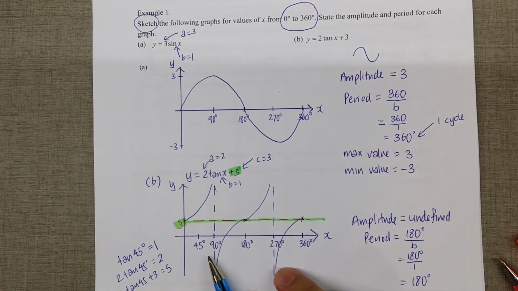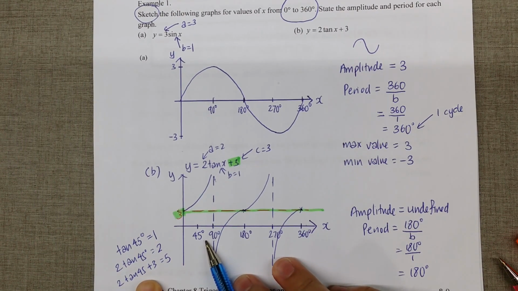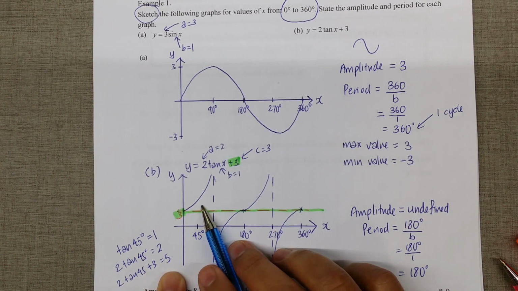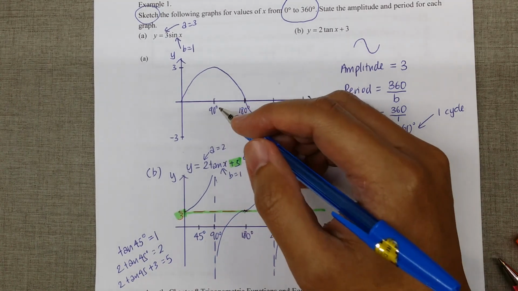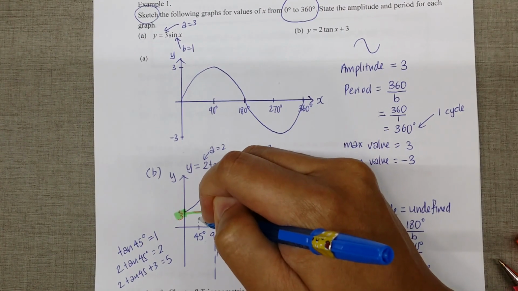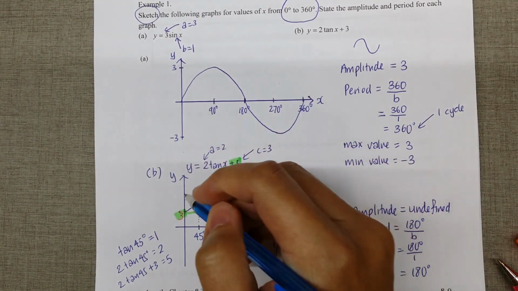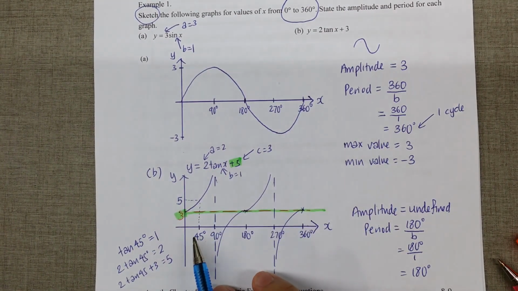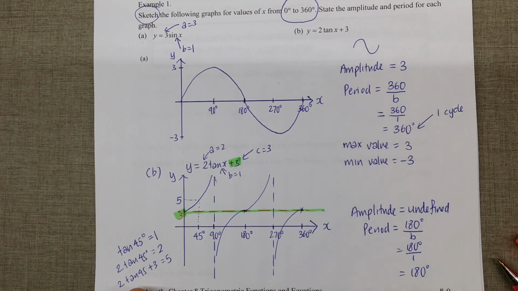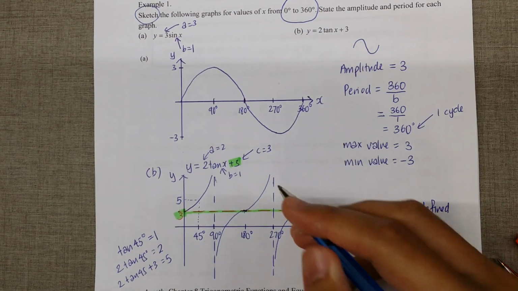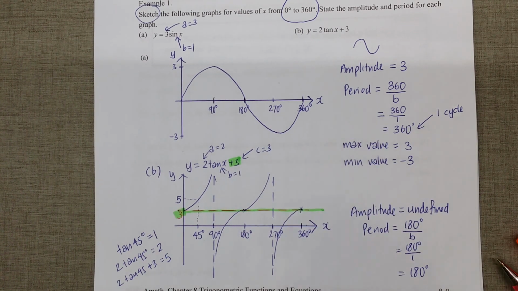So at 45 degrees, what happened? The y value is 5. If you want to show the significance of the number 2, you can do this. At 45 degrees, the y value is 5. Alright? Okay, I will stop here.